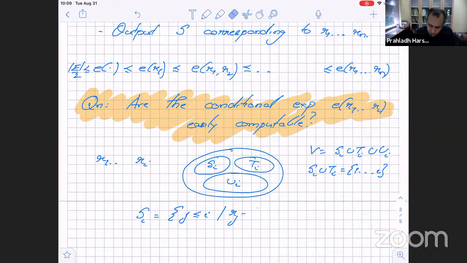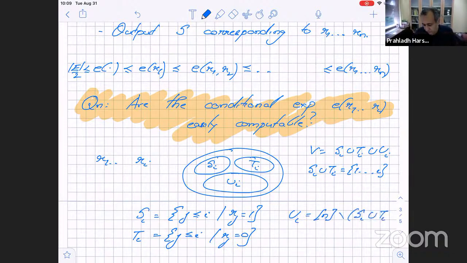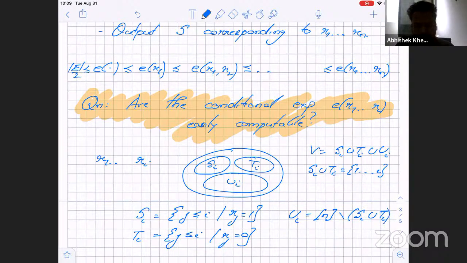It's the guys who I picked up in the cut. Ti is the set of all j less than or equal to i such that Rj is 0, and Ui is exactly the remaining vertices. If I'm formal, that's what I mean.